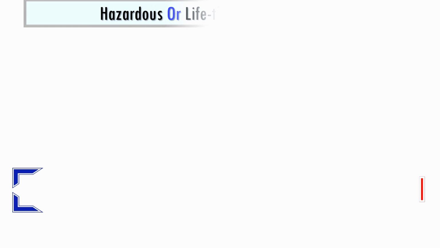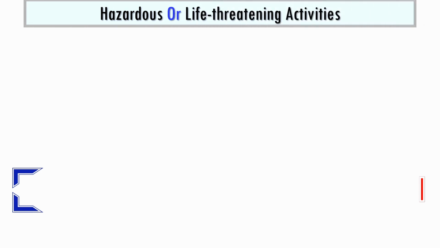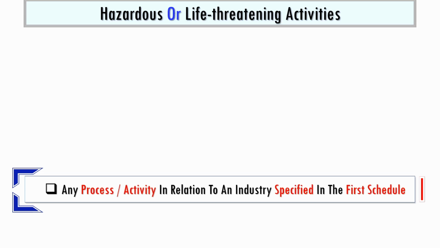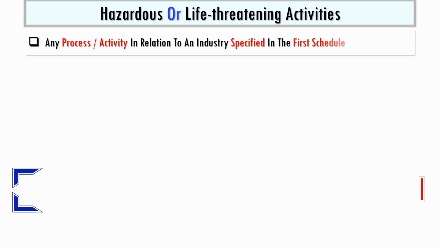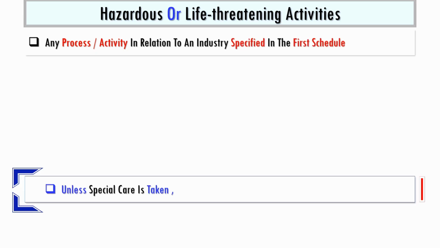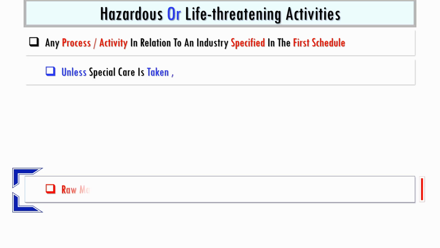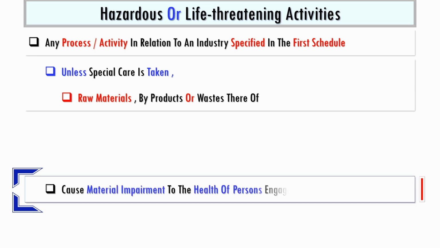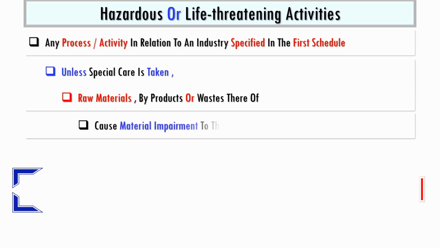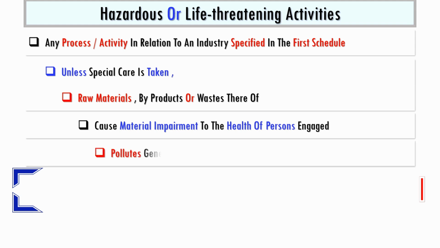The code defines hazardous or life-threatening activities as any process or activity in relation to an industry specified in the first schedule to the code where, unless special care is taken, raw materials, byproducts or wastes of such process or activity cause material impairment to the health of persons engaged, and it also pollutes general environment.